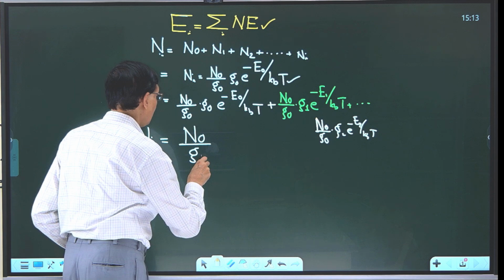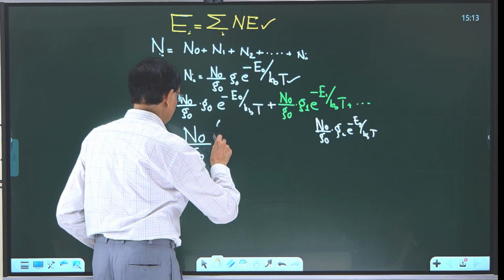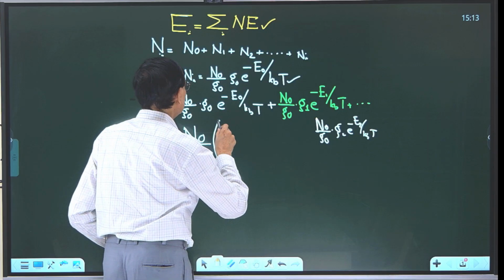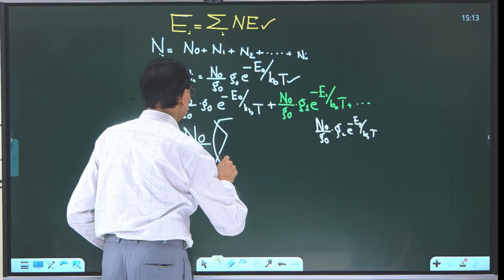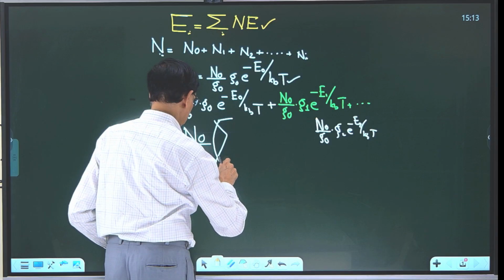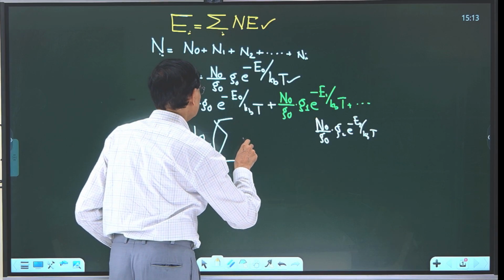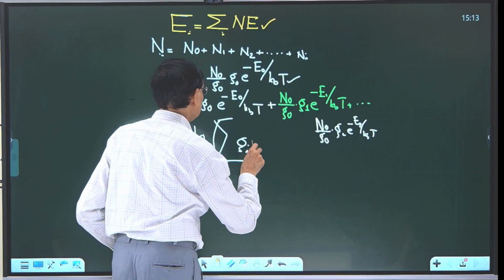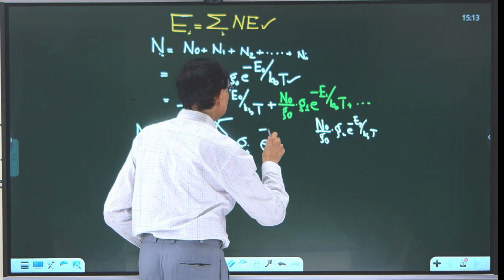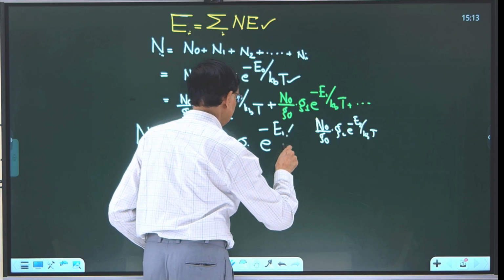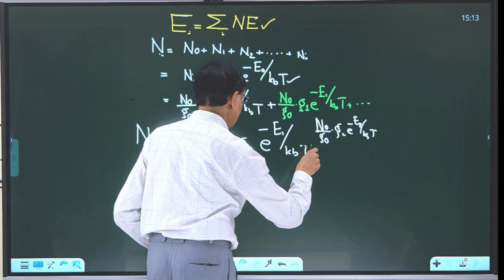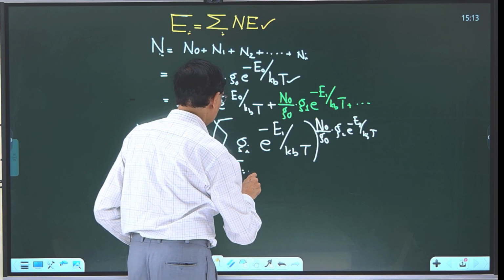The summation of Gi exponential minus Ei by kBT, from i equal to 0 to i.